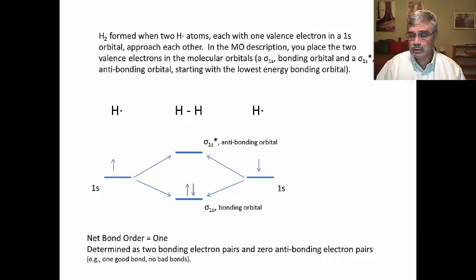A bonding orbital, what we call a sigma 1s bonding orbital, and possibly a sigma 1s star anti-bonding orbital. Well, you only have 2 electrons and they fill into the sigma 1s bonding orbital. Note that the subscript 1s means that this is a sigma bond formed from electrons that had existed in the 1s orbital of the 2 contributing atoms.